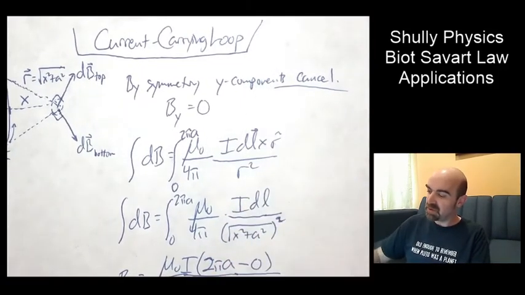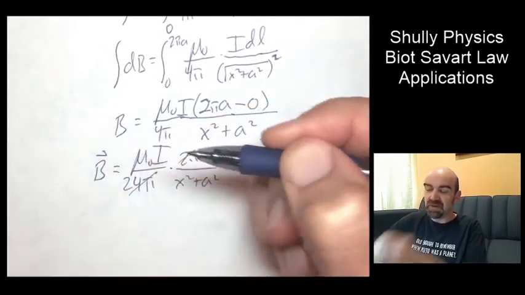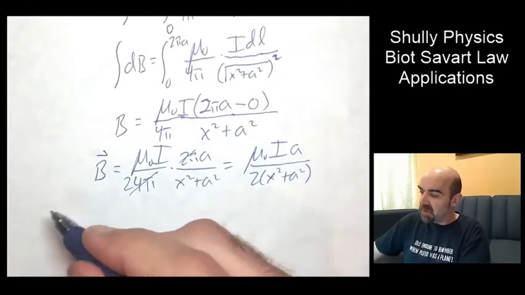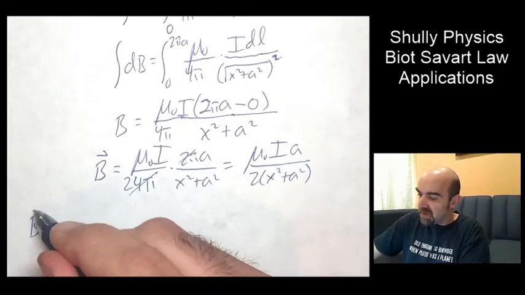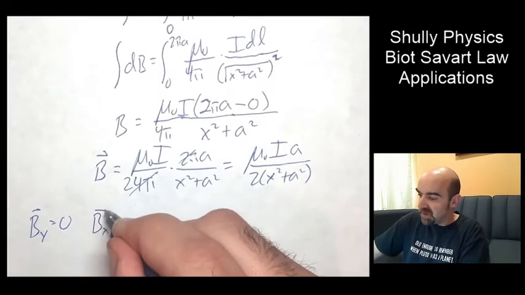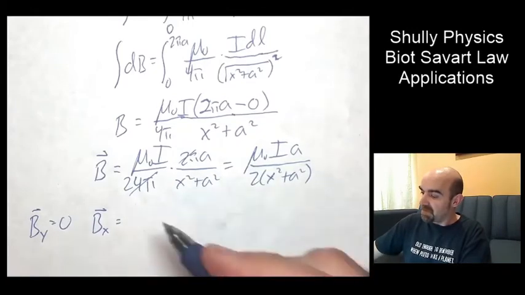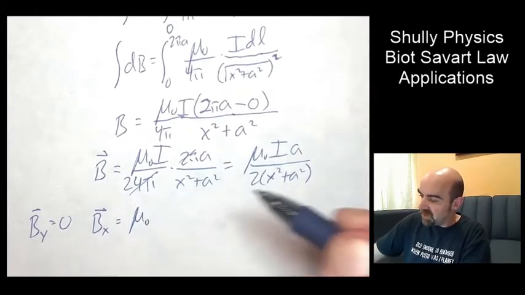So what we want to do is remember that this B is a vector. We want to recall that B of y is 0. So what would Bx be? That would be the magnitude of what we're looking for here.